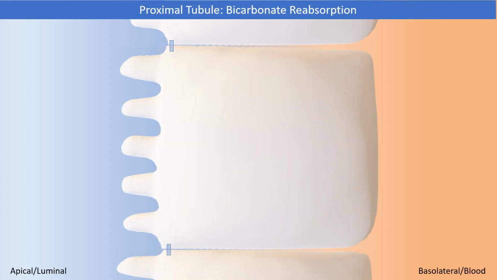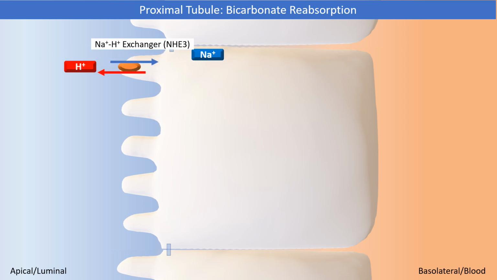How does one get proximal RTA? Let's first review how bicarbonate is normally reabsorbed in the proximal tubules. Here we have proximal tubules. The first thing that happens is the secretion of hydrogen into the lumen. This occurs predominantly via the sodium-hydrogen exchanger, NHE3.